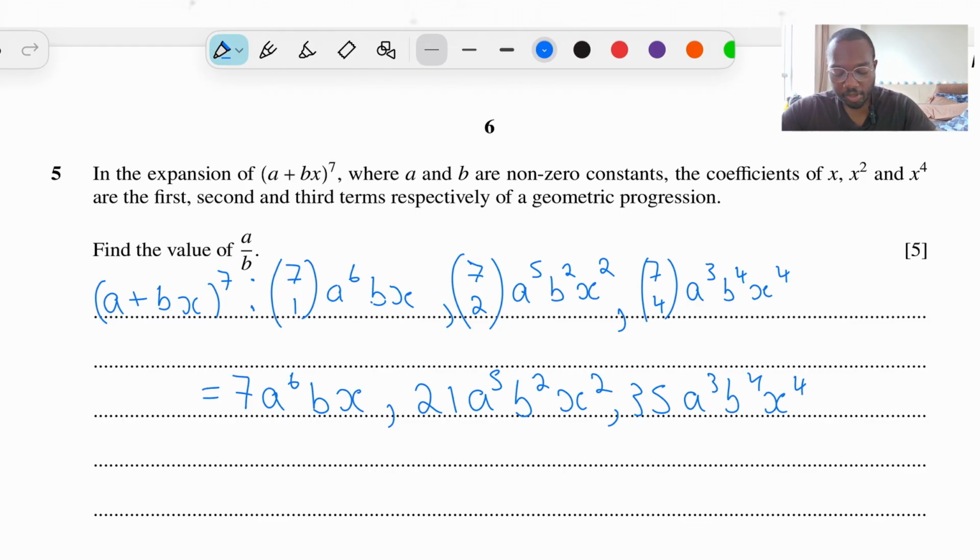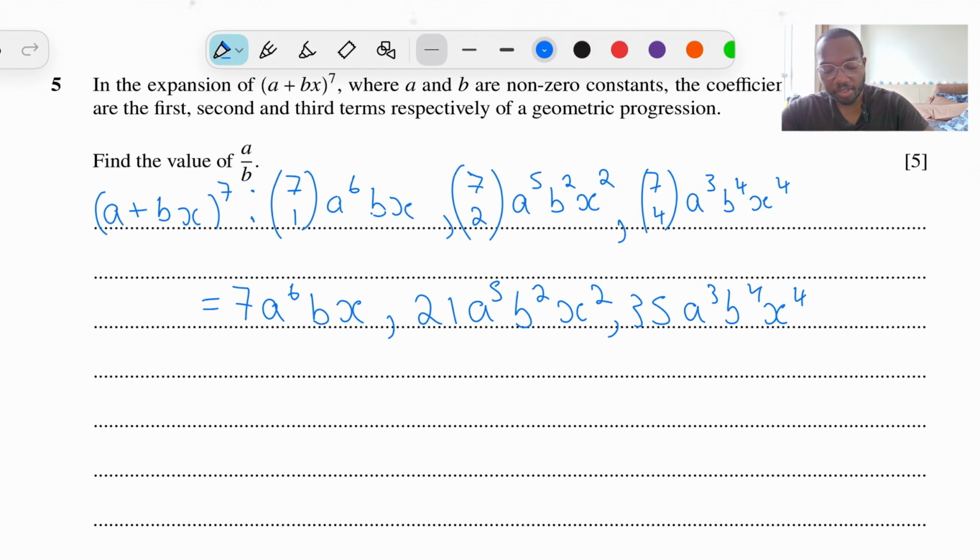And we know that the coefficients form a geometric progression, okay? They're the first, second, and third terms. So look at the coefficients now of these. That must mean that it would be 7 a to the 6 b, and then 21 a to the 5 b squared, and then 35 a to the 3 b to the 4, okay?